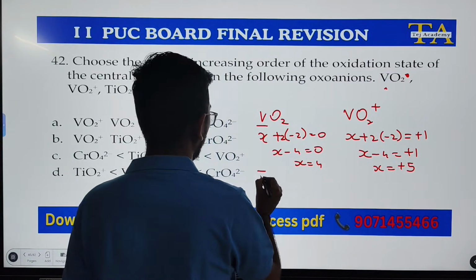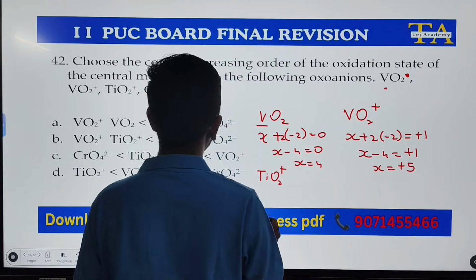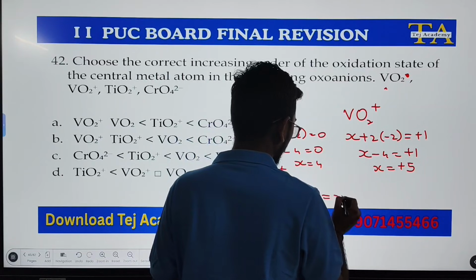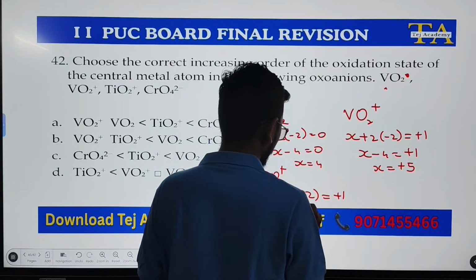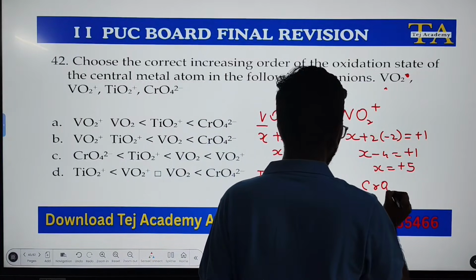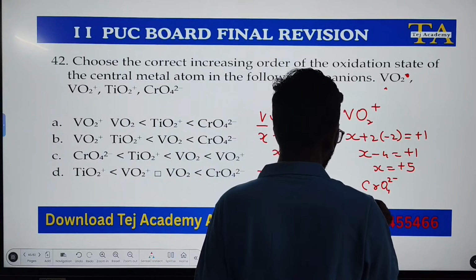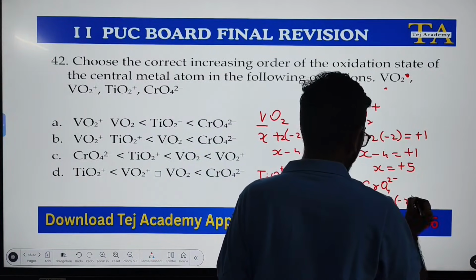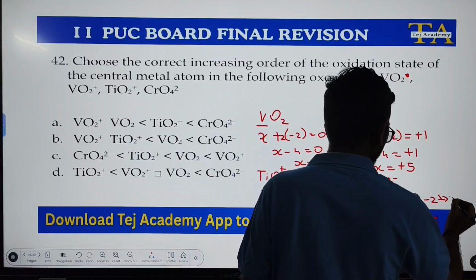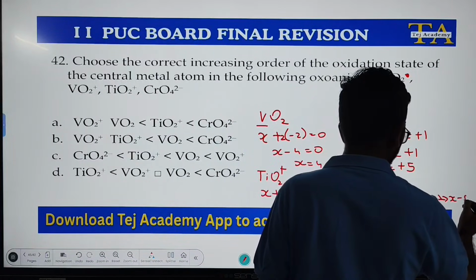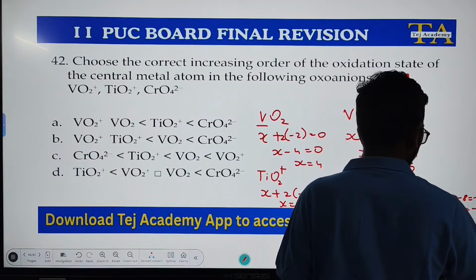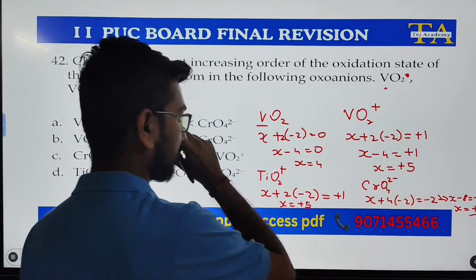Same thing for titanium oxide TiO2 plus: X plus 2 into minus 2 equals plus 1, so X equals plus 5. Same for chromium, CrO4 2 minus: X plus 4 into minus 2 equals minus 2, so X minus 8 equals minus 2, so X equals plus 8 minus 2, which gives plus 6 oxidation state.